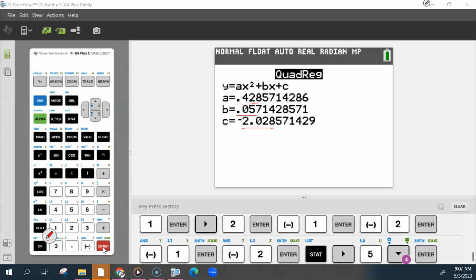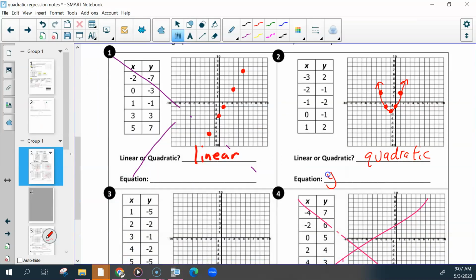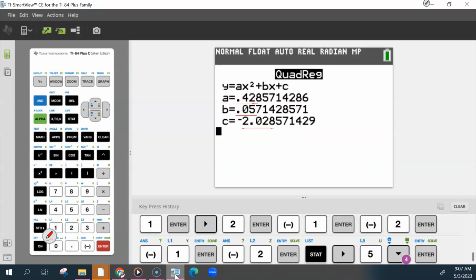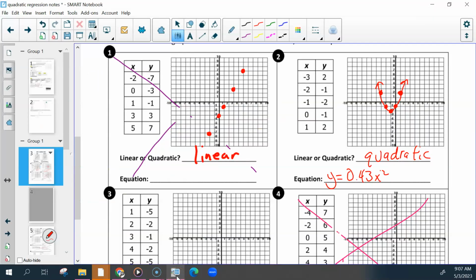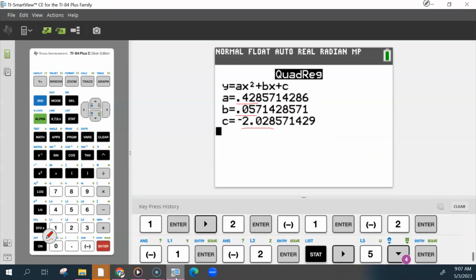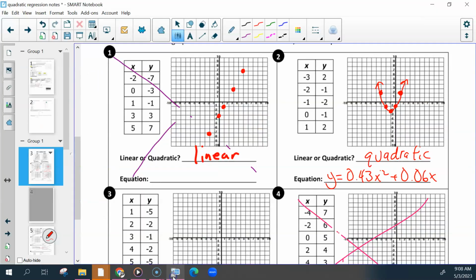So we have y equals 0.43x squared plus 0.06x minus 2.03.